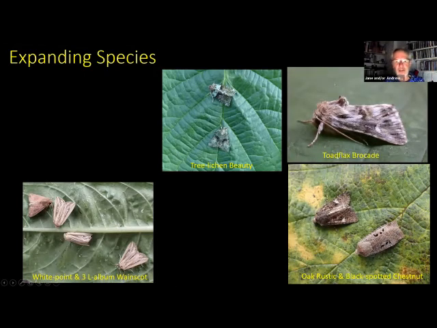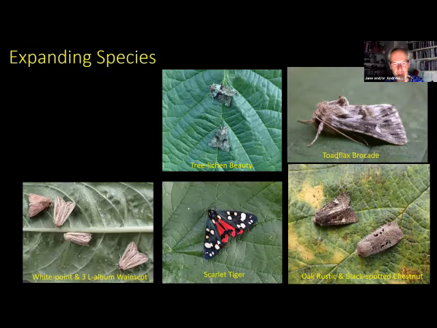Toadflax brocade, you used to have to go down to Dungeness to see that on the gravel, the coastal gravel and so on. But over the last 10 years, that's spread across much of southeastern England, now well established. Scarlet tiger, fairly common to the west of Hertfordshire, but now turning up in more and more places in Hertfordshire.